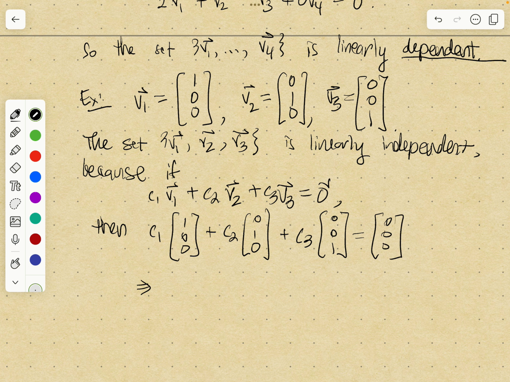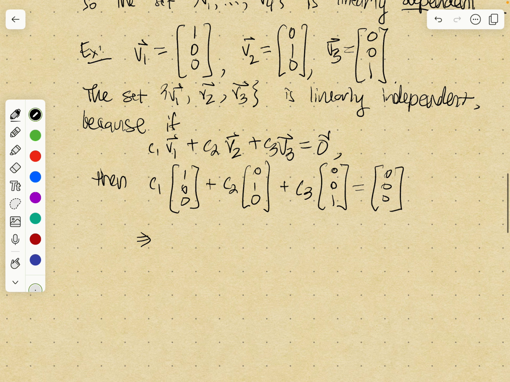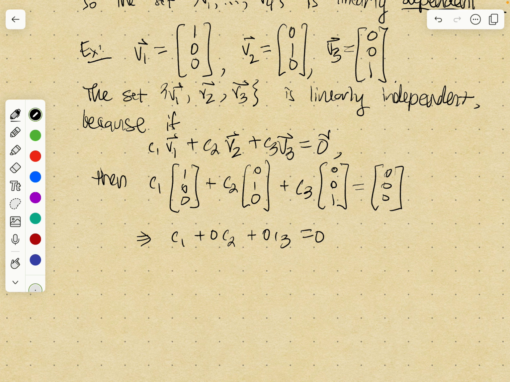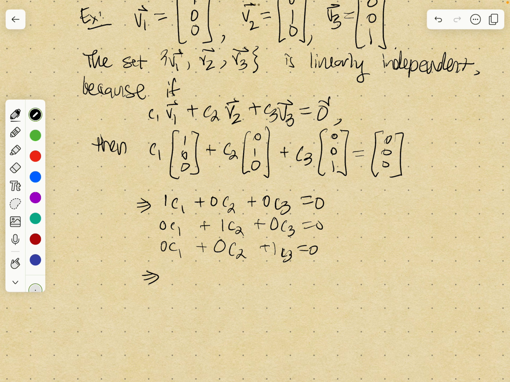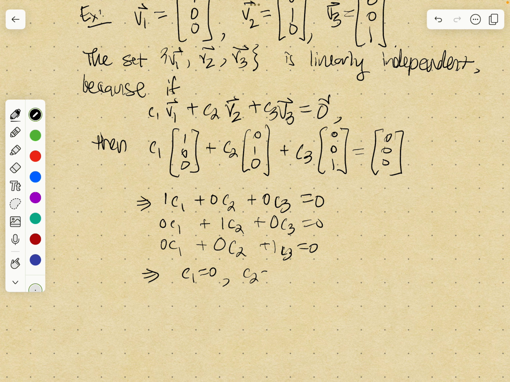Well, if you just read the linear equations that you get from this single equation, you get C1 plus 0 C2 plus 0 C3 is 0. I'm going to write it out all the way just to emphasize this: 1 C1 plus 0 C2 plus 0 C3 is 0, and 0 C1 plus 1 C2 plus 0 C3 is 0, and 0 C1 plus 0 C2 plus 1 C3 is 0. The first equation just says C1 is 0, the second says C2 is 0, the third says C3 is 0.